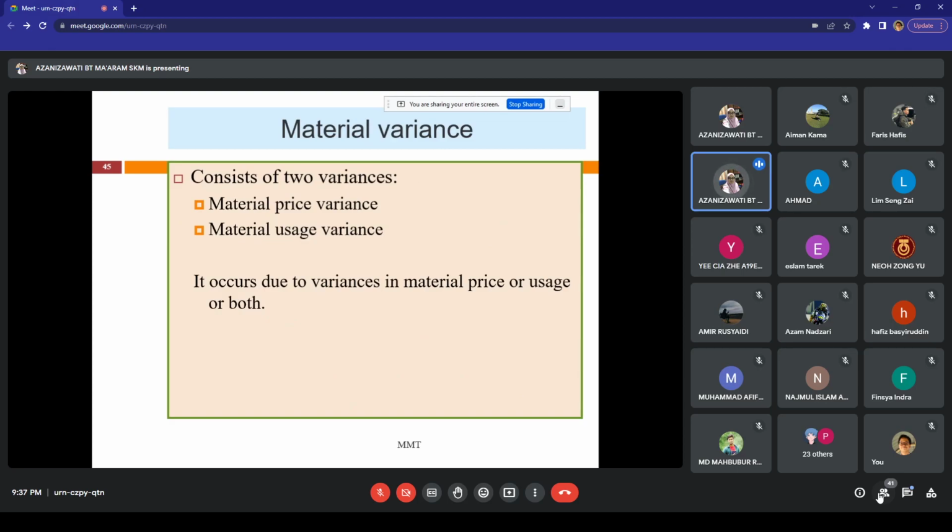So there are two variances for material variance, which are material price variance and material usage variance. This occurs due to variances in material price or usage or both.